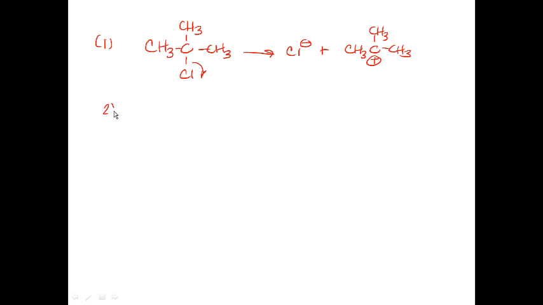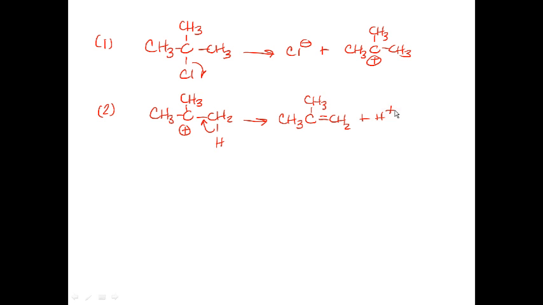And then in step two of the mechanism, we end up losing the beta hydrogen. I'm going to write it this way. We end up losing the beta hydrogen and bringing that pair of electrons to form the carbon-carbon double bond. Okay, so here's my two steps of the reaction.